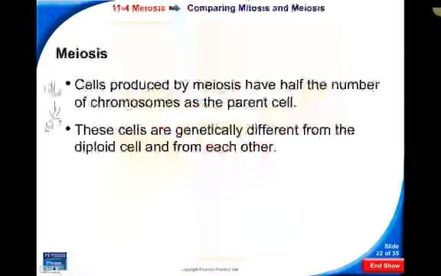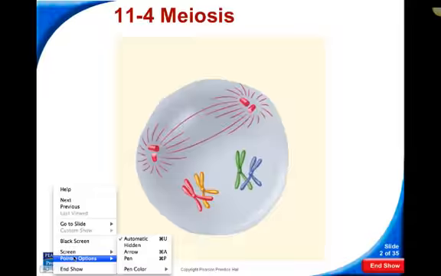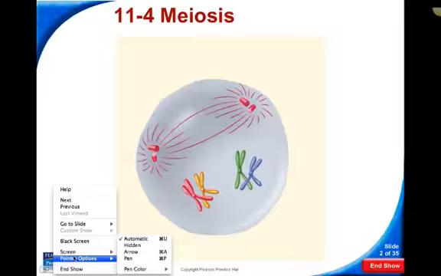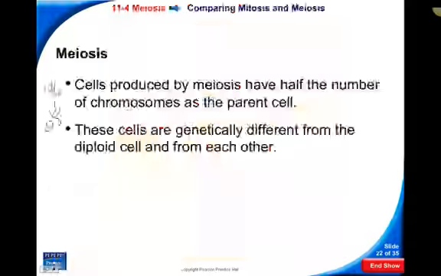All of these cells are genetically different from each other, and I said that mitosis is not the best thing for organisms to reproduce by, because if everything looks the same and there's no genetic diversity, then if there is a strain of bacteria or a virus, it could wipe out the entire population.